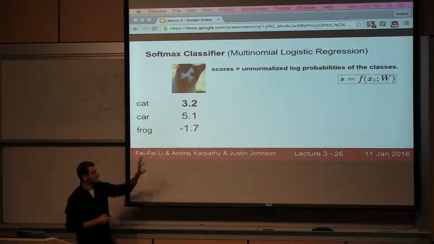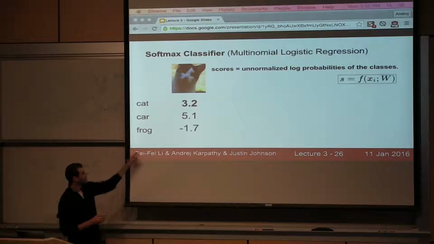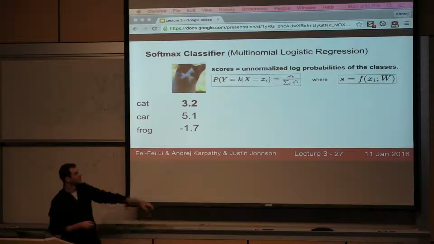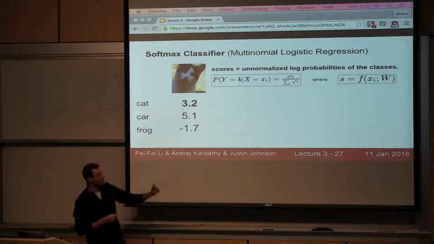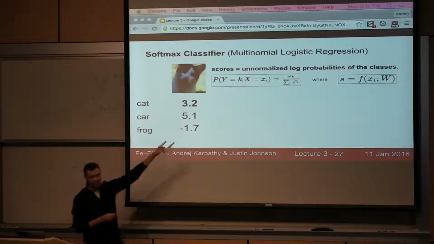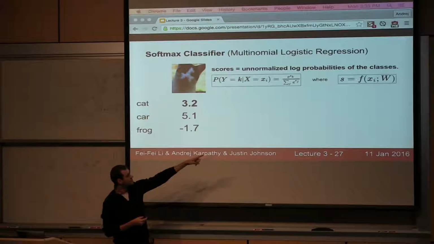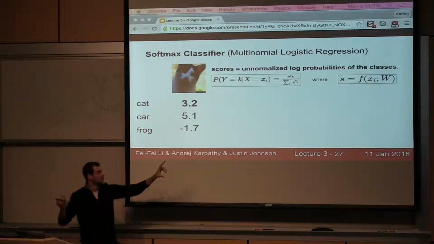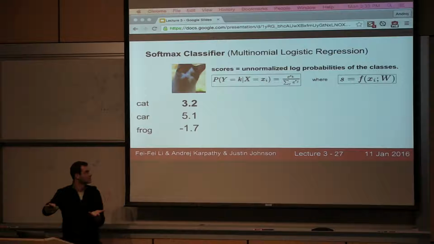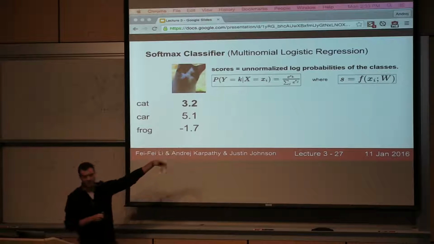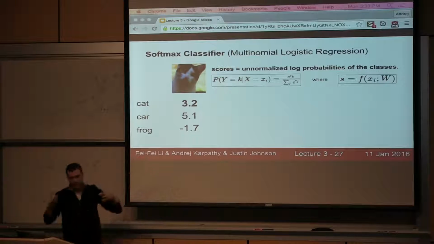So these are unnormalized log probabilities of all the y's given the image. In other words, if the scores are unnormalized log probabilities, then to get the probabilities of different classes, like class K, we take the scores and exponentiate all of them to get the unnormalized probabilities, and then we normalize them by dividing by the sum over all the exponentiated scores.